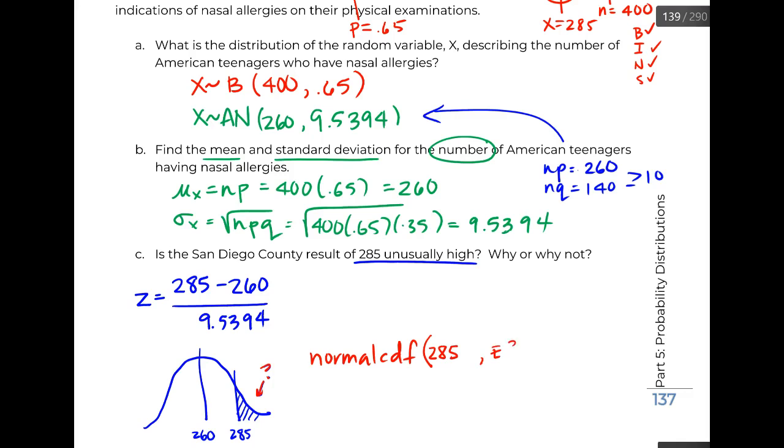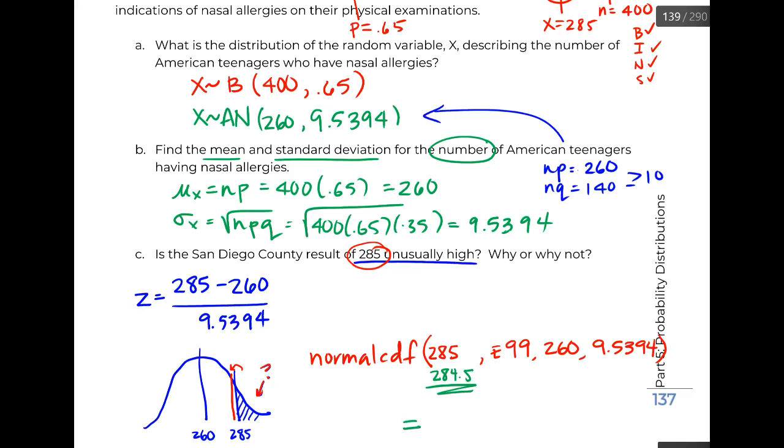Upper bound is E99 with a mean of 260 and a standard deviation of 9.5394. Now, if we want to include 285, that means we actually want to step just slightly below 285. So if we wanted to be clever with the continuity correction here, we would use 284.5. That way we actually include 285.